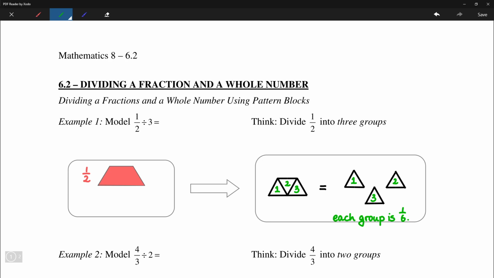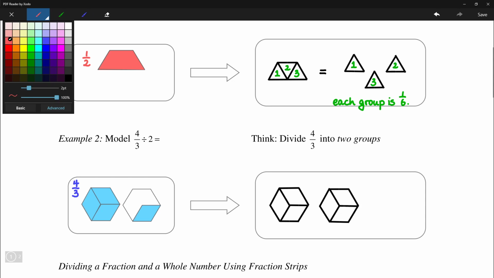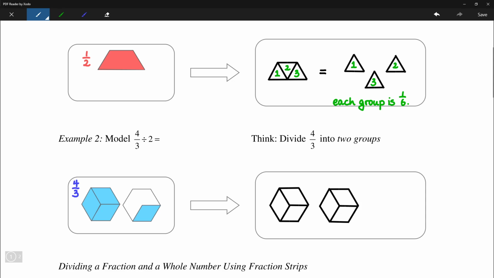So likewise, in the second example, example 2, we have 4/3 divided by 2. So in this case, on the left-hand side, we have 4/3. So 1, 2, 3, 4 pieces of 1/3, and they are to be rearranged into 2 groups.